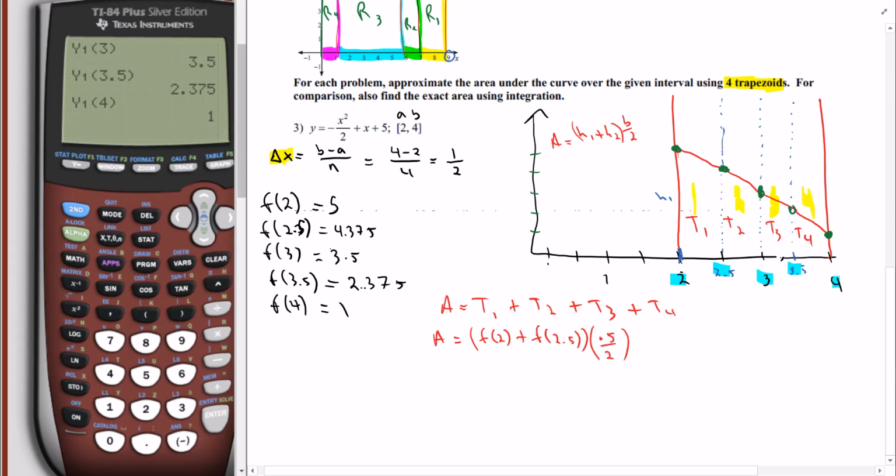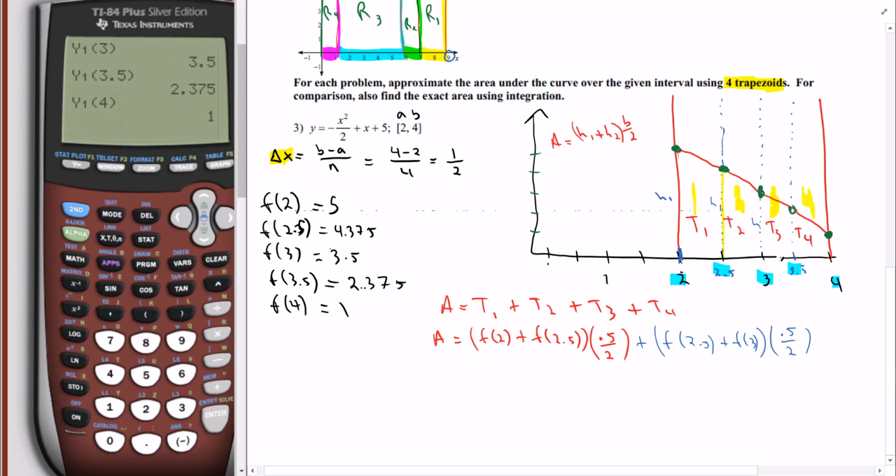That's T1. And then trapezoid 2, height 1 is the function value at 2.5, and height 2 is the function value at 3. So this one's going to be f of 2.5 plus f of 3 times the base, which is 0.5 over 2. Right?